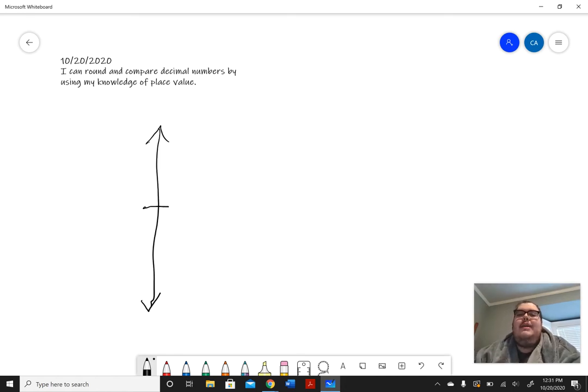If I wanted to round a number to the nearest ones place, let's say I have 37 and 6 tenths. I want to know whether it's going to round up to 38 or stay at 37.